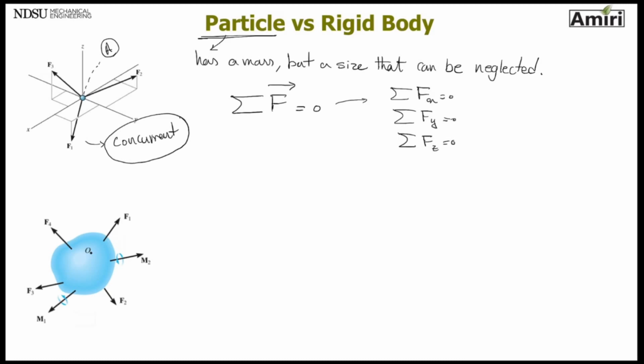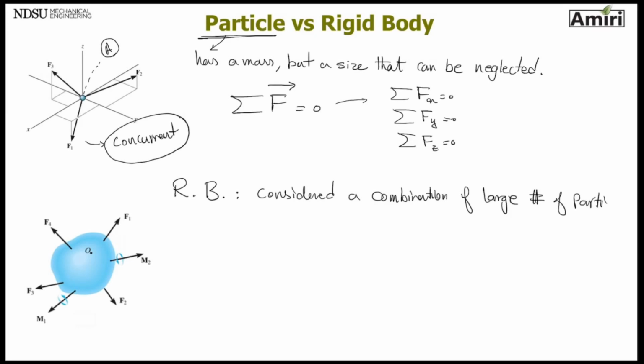So now let's look at the rigid body. For a rigid body, on the other hand, you cannot ignore the size anymore. A rigid body is considered a combination of a large number of particles. So someone might say, well, why don't they just call it a body, rather than a rigid body?